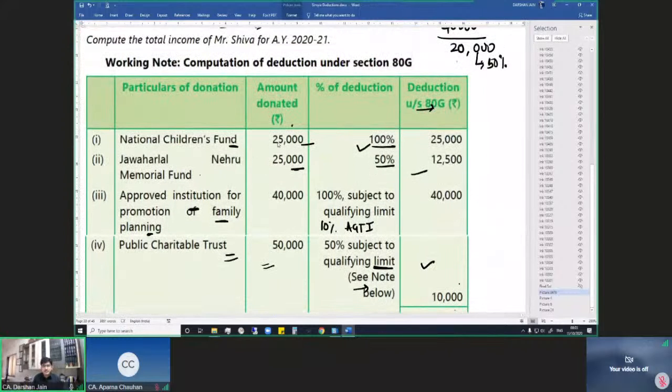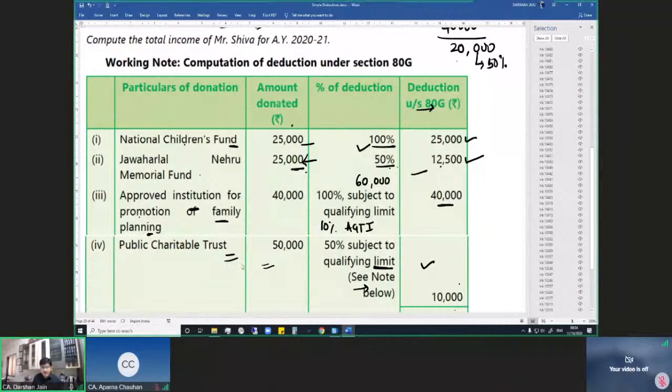See, 25,000 rupees, 100% deduction towards the National Children Fund. There is no qualifying limit. Jawaharlal Nehru Fund, 50%, no qualifying limit, 12,500. Since he contributed 25,000 rupees there, 50% of 25,000 would be 12,500. As per the approved family planning expense, since we have a qualifying limit of 60,000 rupees, and he paid 40,000 rupees towards the approved family planning institution, he can claim 100% of it, that is 40,000 rupees.